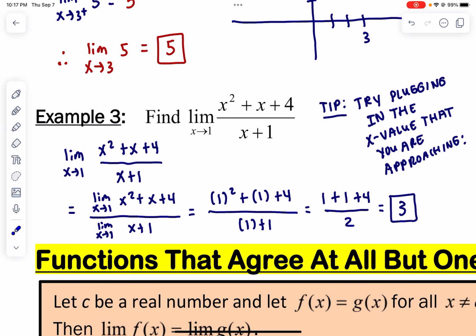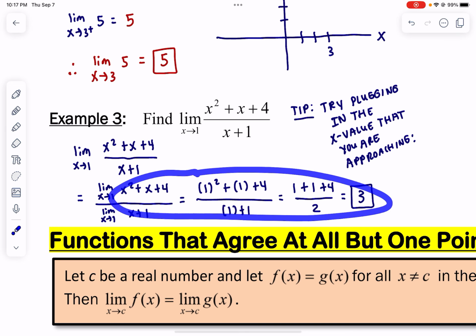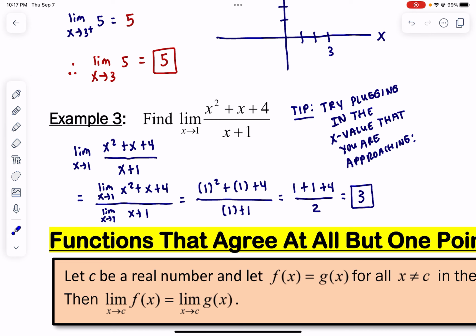Here in this case, I want to point this out. We didn't come across any problem here. But there are some situations where you might get 0 over 0. And we'll see that in just a bit. Okay. So in this case, all we did is we plugged in our 1 into our terms. And we were actually able to get a value out of it. So this would be our limit for example 3.